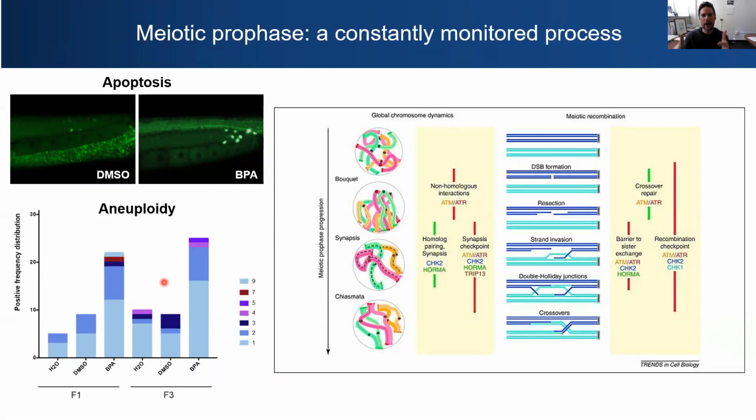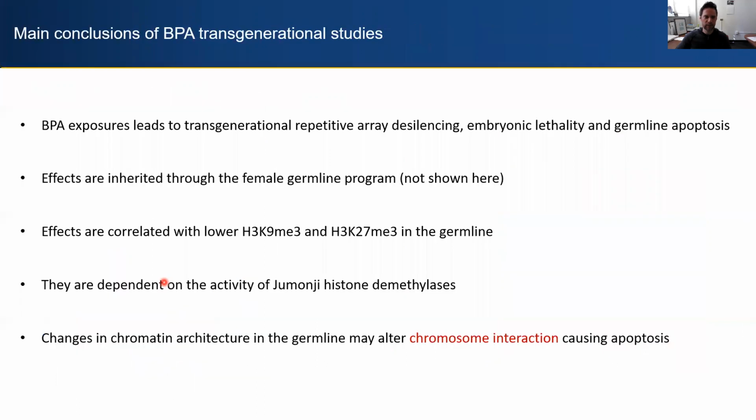These two processes are absolutely crucial for the germ cells to perform meiosis correctly, and they're highly, highly monitored by germ cells and by germline nuclei. And so we're investigating right now, and we have very strong evidence that one of these two processes, chromosome dynamics, is strongly altered, and that meiotic recombination may not be playing as much of a role in that process.